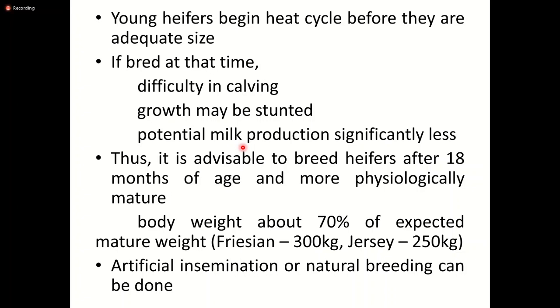Their growth can be affected, and they have a difficult time with the calving process. And also milk production will go down. Therefore, what we usually do is wait until they reach 18 months at least, right? Then they are physiologically mature enough to bear the gestation period, right?